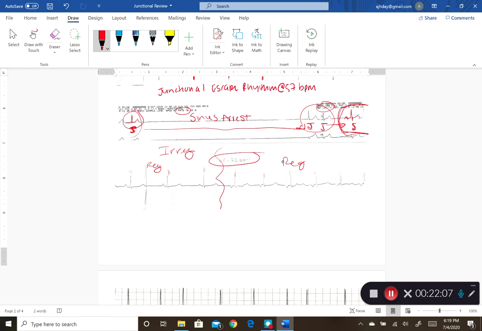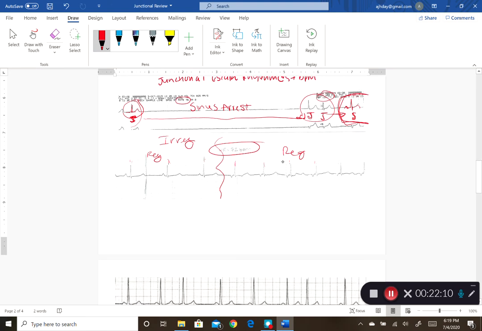So let's just look at the first one in the beginning. I have a nice P wave. I'm going to highlight all my P waves. They are all upright. I have 1 P wave for every QRS complex, and I have a nice narrow QRS complex. So this does tell me that this rhythm right here is going to be sinus.